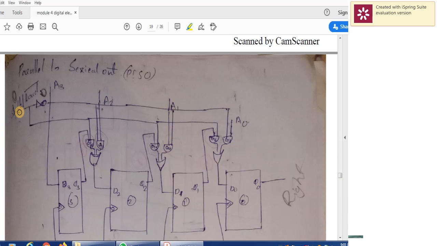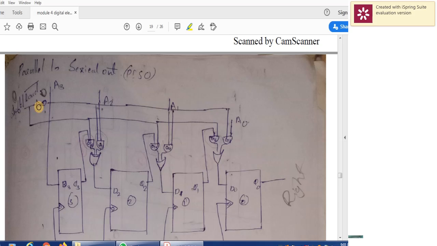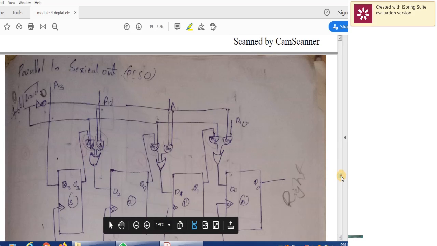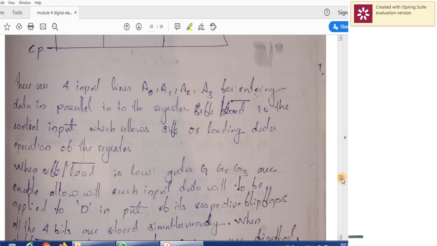Using the NOT gate I have drawn one line, and the shift is connected directly here. If it is 1, this will be connected here, and Q3 is also connected here, and this AND gate is connected through the NOT gate here, and A2 is connected here, then the OR gate is there. You have to see this carefully, then only you can understand. There are 4 input lines.